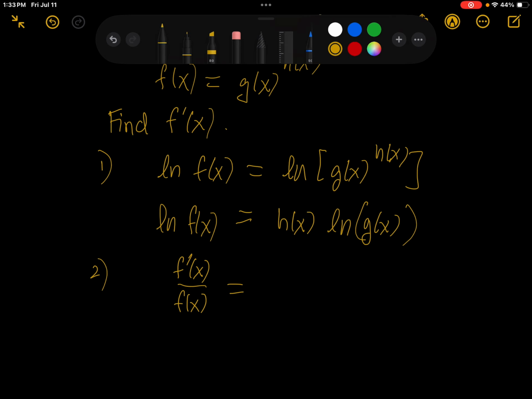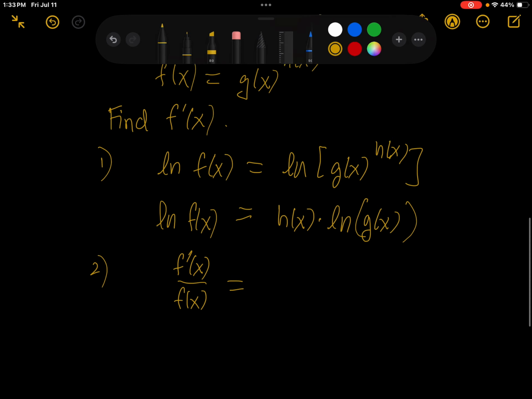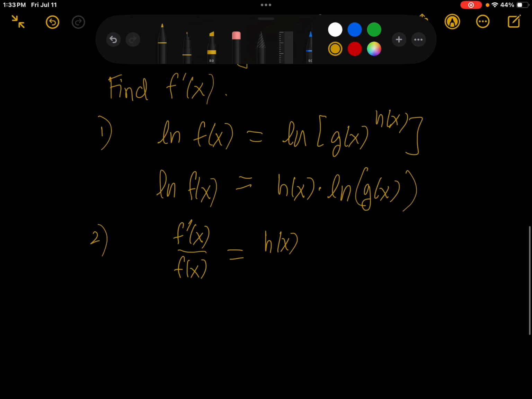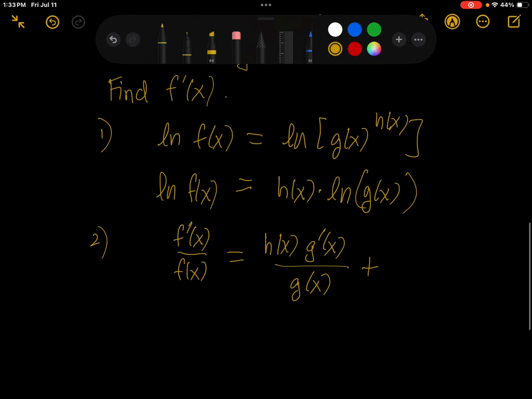And then on the right, we could even just write down the general formula from the product rule. You're going to get h of x, the first function, times the derivative of the second. The derivative of natural log of g of x is g prime over g. So g prime of x all over g of x. Then plus the natural log of g of x times h prime of x.